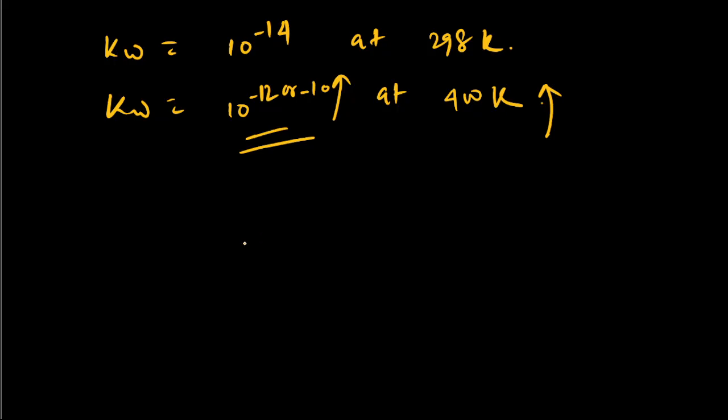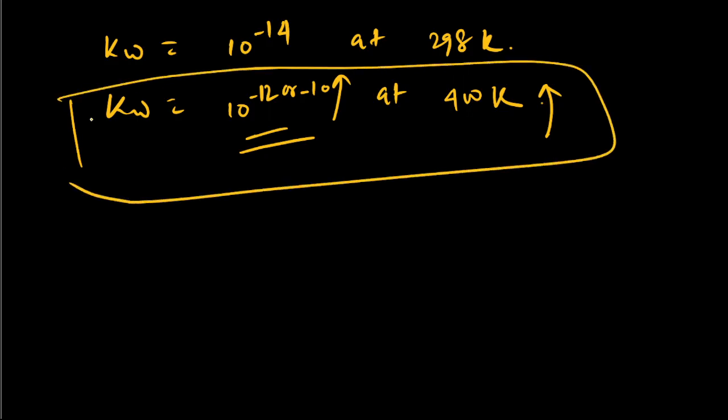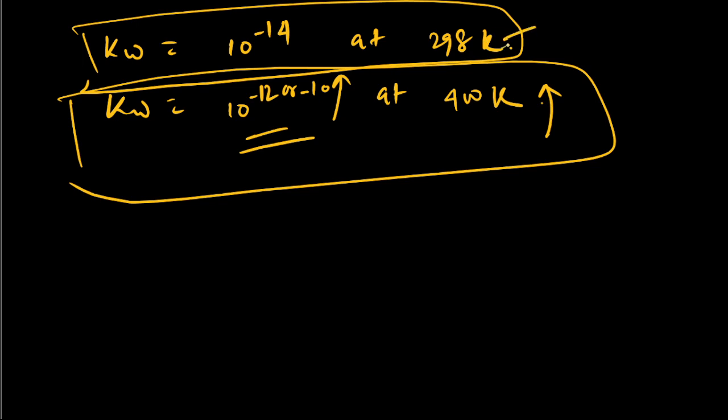If heat were released, then increasing the temperature would decrease Kw. But for dissociation of water, we need heat, which means it is an endothermic reaction. So if you increase the temperature, Kw also increases. This value of 10 raised to minus 14 is only at 298 Kelvin. So one example is related to this.